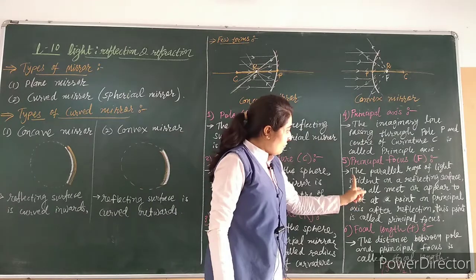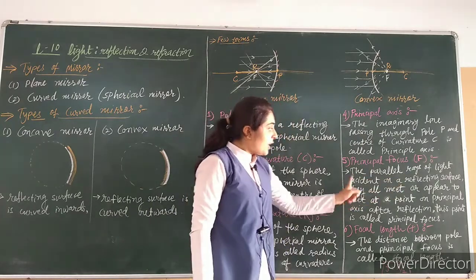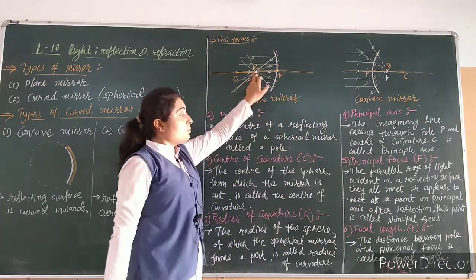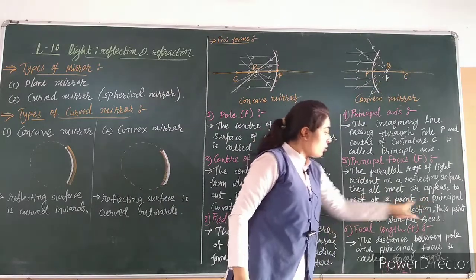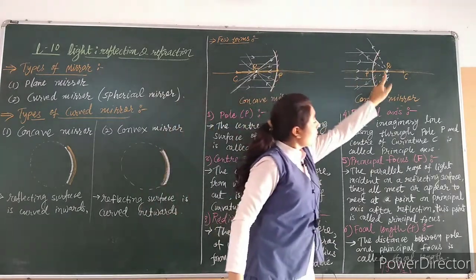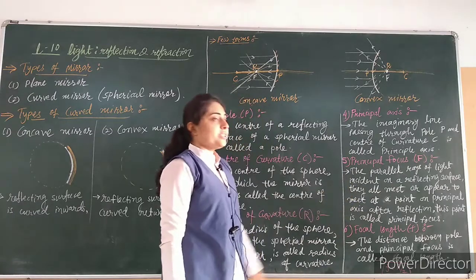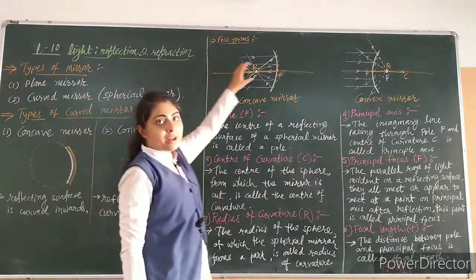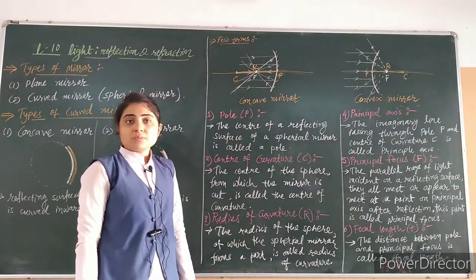So let us see the definition. The parallel rays of light incident on a reflecting surface, they all meet or appear to meet at a point on the principal axis after reflection. This point is called principal focus F. The rays should be parallel, and the parallel rays only meet at one point.